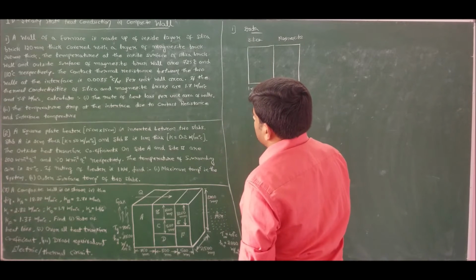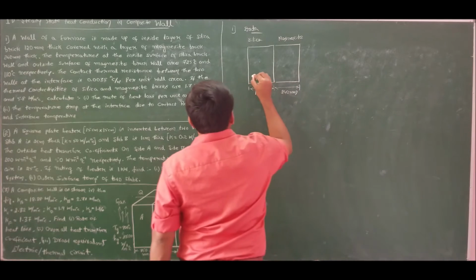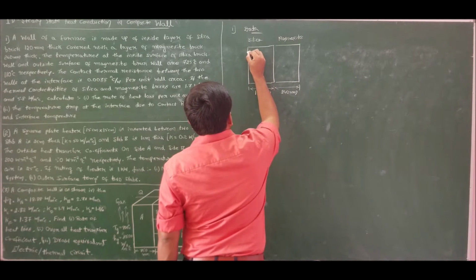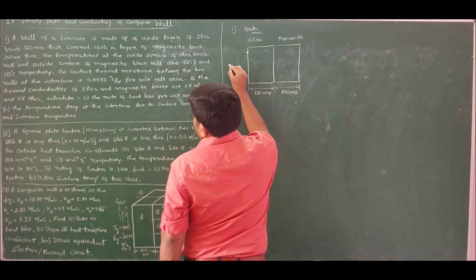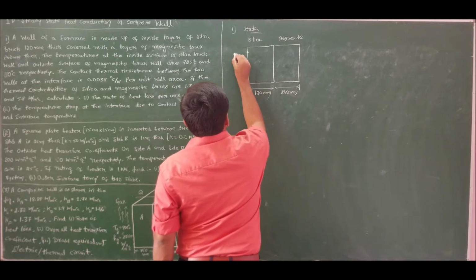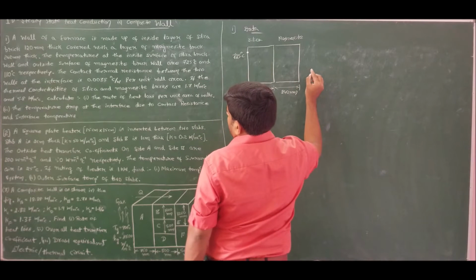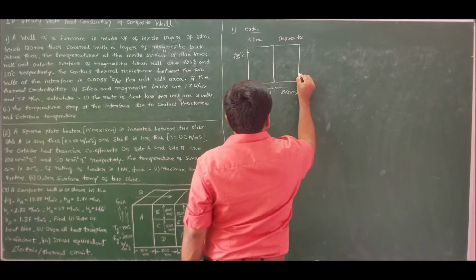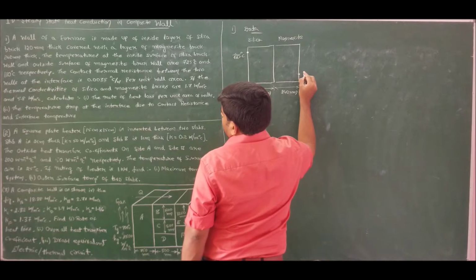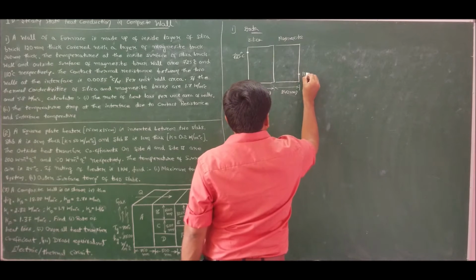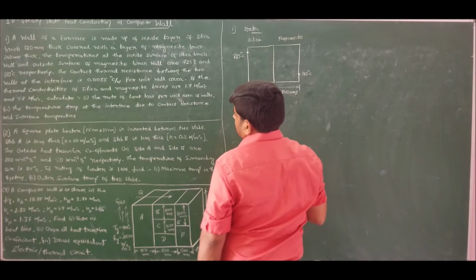The temperature at the inside surface of the silica brick wall is 725 degrees Celsius, and at the outside surface of the magnesite brick he has given the temperature as 110 degrees Celsius.